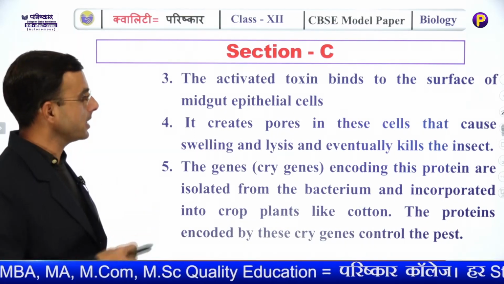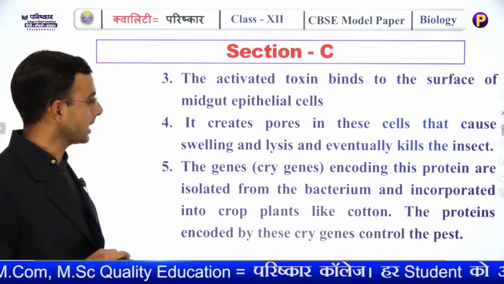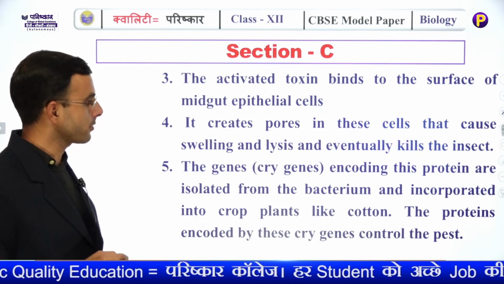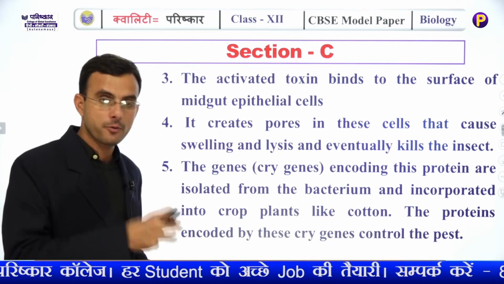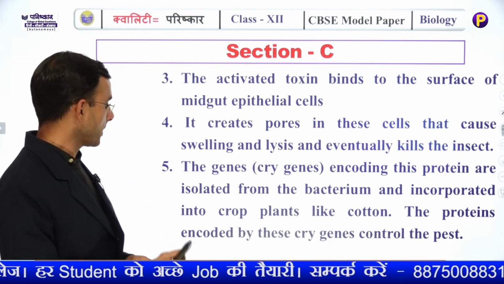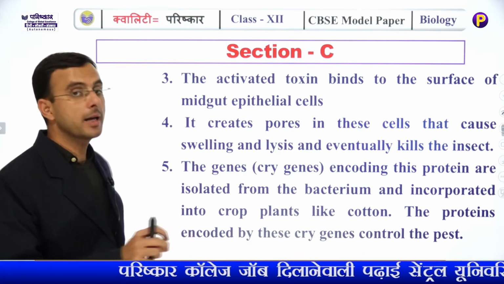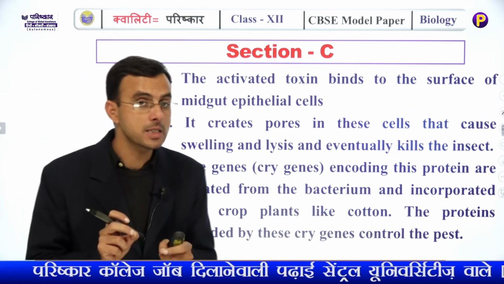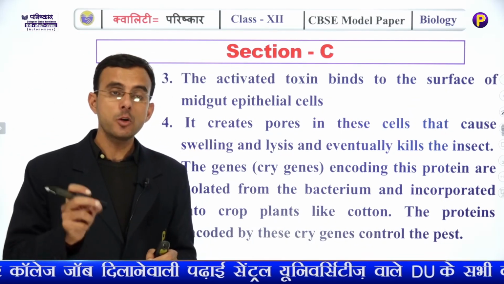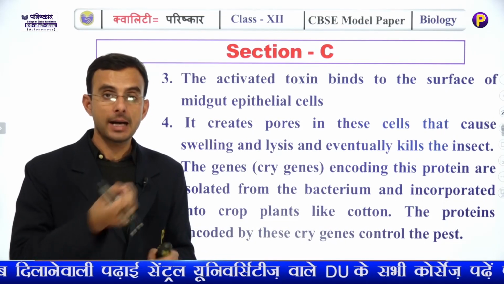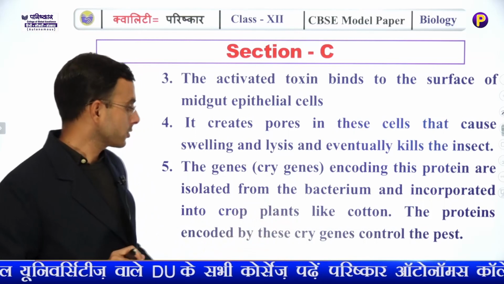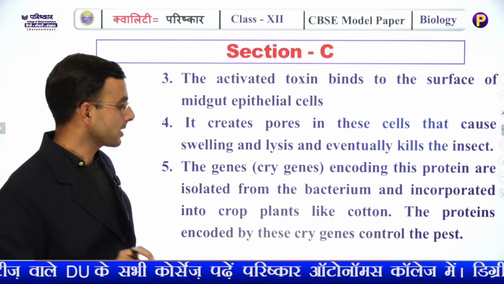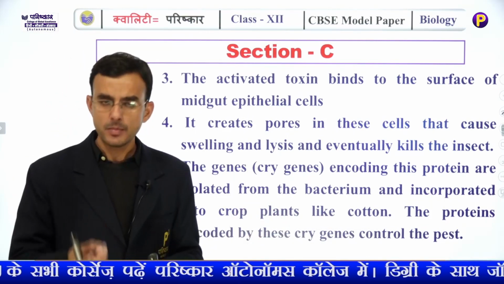That protein is encoded by the cry gene, and the gene is isolated from the bacterium and incorporated into a crop plant like cotton. Cotton has a genome, and we are incorporating the cry gene into the genome of the crop plant. So the protein encoded by this cry gene controls the pest.